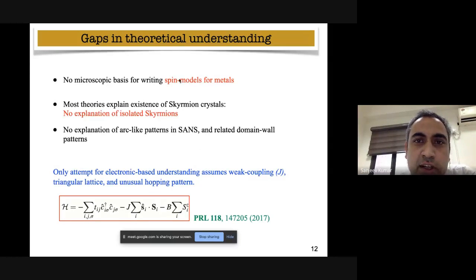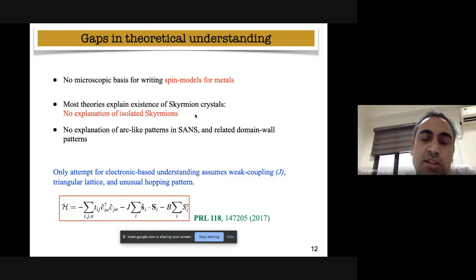So one point is that writing down spin models in metals is a questionable thing, unless one can justify it, of course. Then most theories explain the existence of skyrmion crystals and not the existence of isolated skyrmions. That is another feature that has been missing in most theoretical models. And the third thing that we saw in the experimental data is this arc-like pattern in the small angle neutron scattering experiment and the related domain wall pattern.